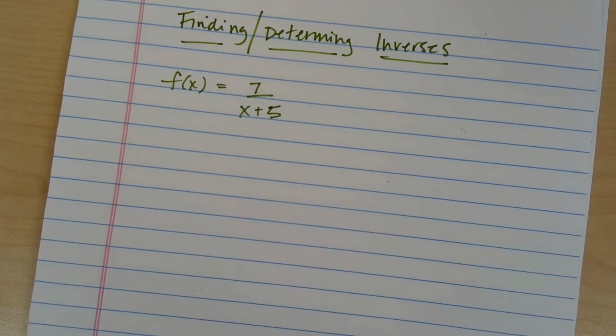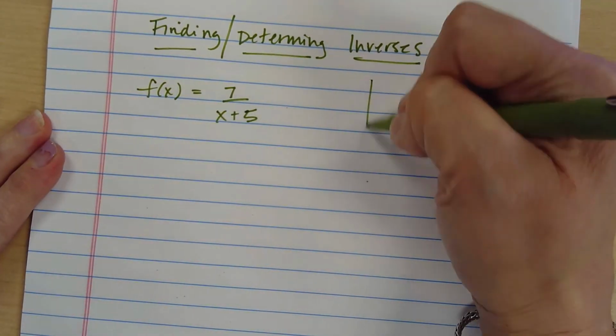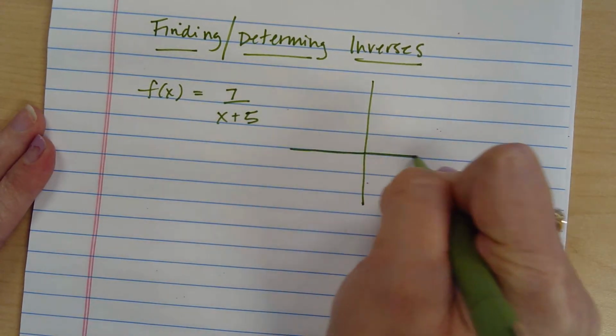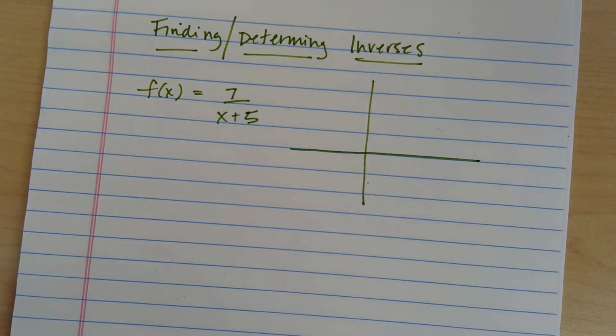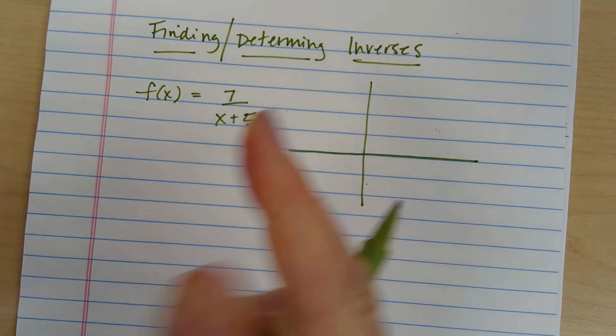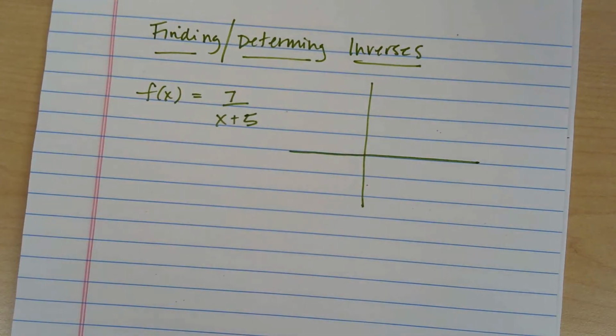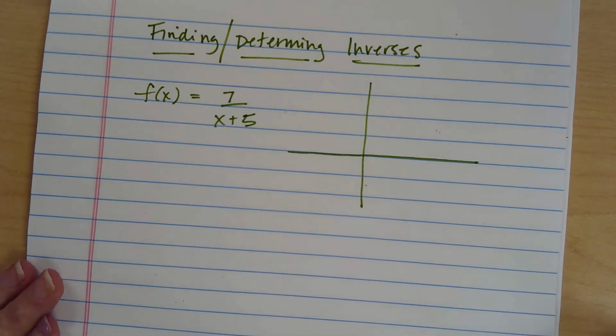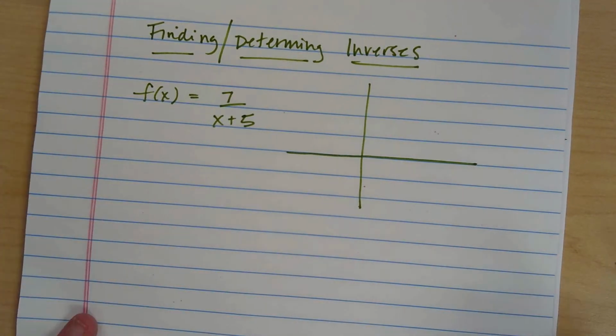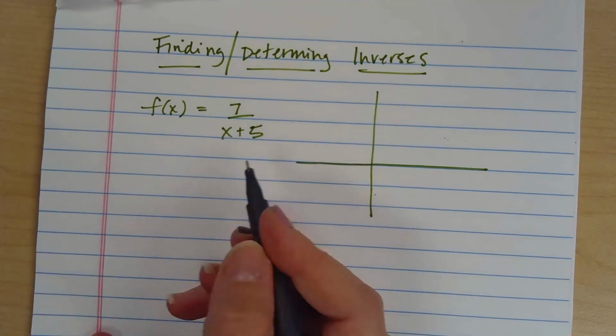One of the ways that we can determine if the inverse is a function, the original equation obviously being a function since we're calling it a function, is we would need to graph it. We can do the same thing as when we graphed functions before.